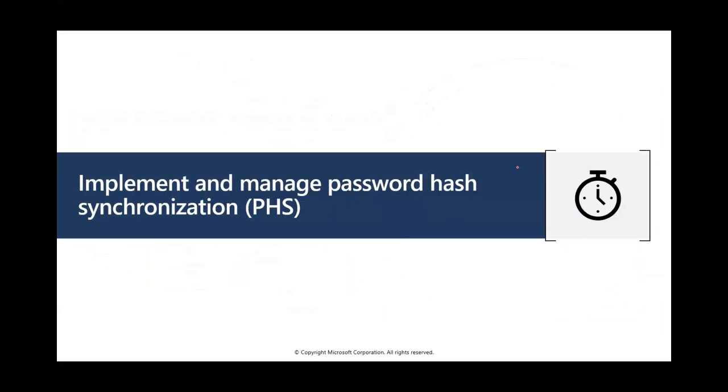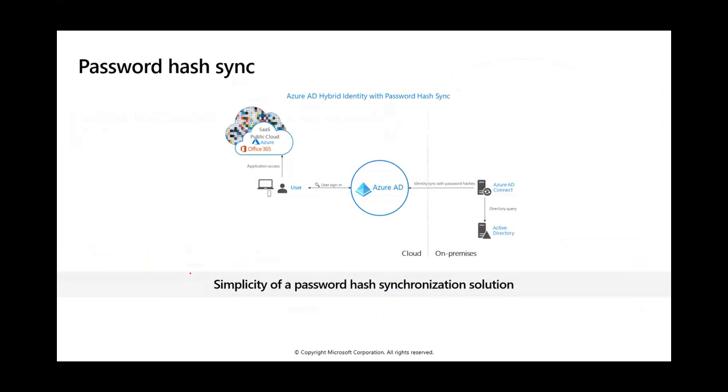But now we're going to talk about hybrid identities. What does it mean, hybrid identities? It means that we have our own on-prem network, and also we have our Azure Active Directory. And how does it work? There are three different ways.